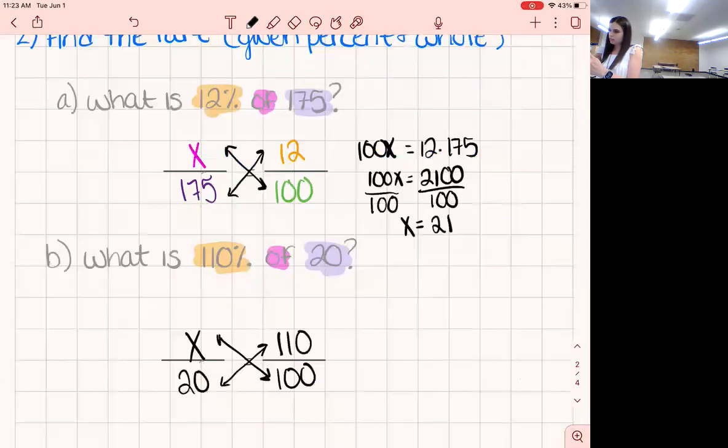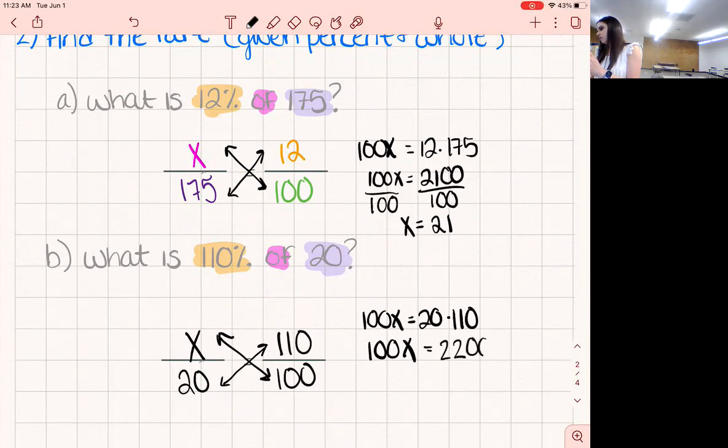Get 100x equals 20 times 110. 20 times 110 equals 2200. To solve for x, divide by 100, divide by 100, end up with x equals 22, which makes sense in this case.